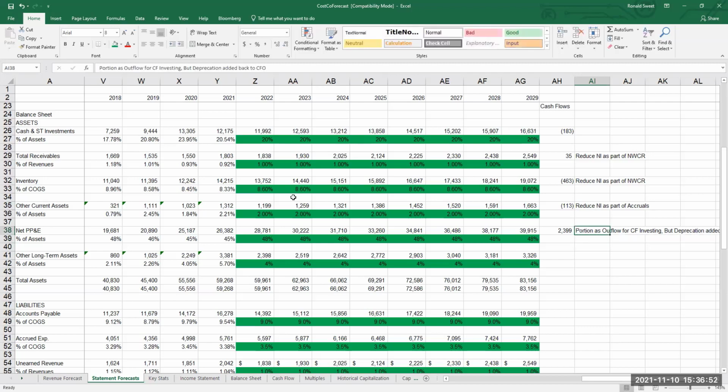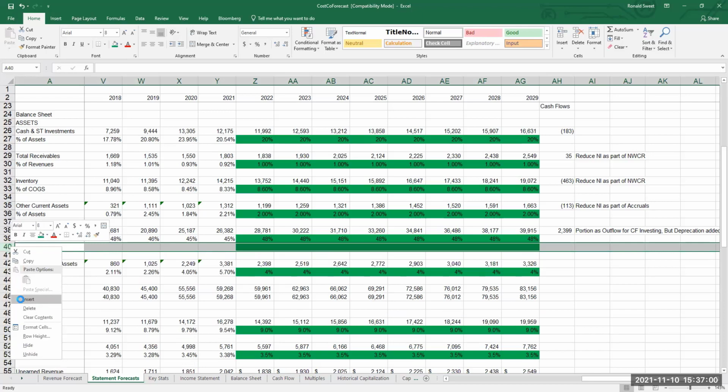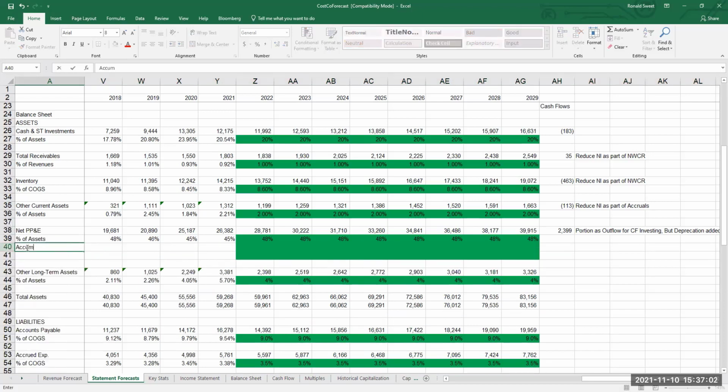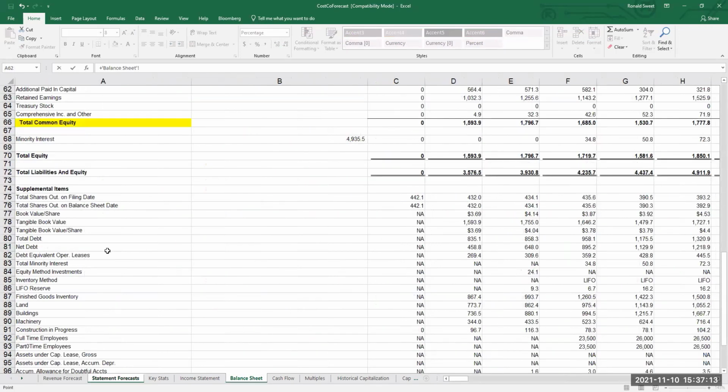But what we can do is add it in here without too much trouble. We'll just look and see what accumulated depreciation was. So let's just add in a line, another line just for information. So we'll do accumulated depreciation. This is solely for building the cash flow statement. So let's go to the balance sheet and see if they give us accumulated depreciation.